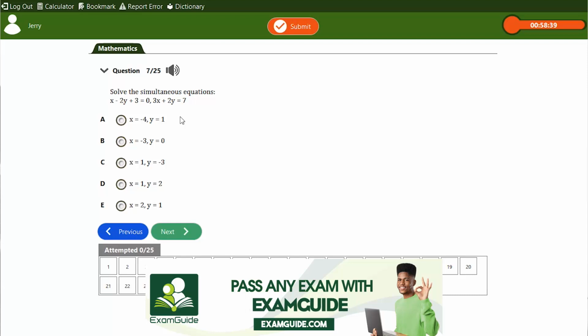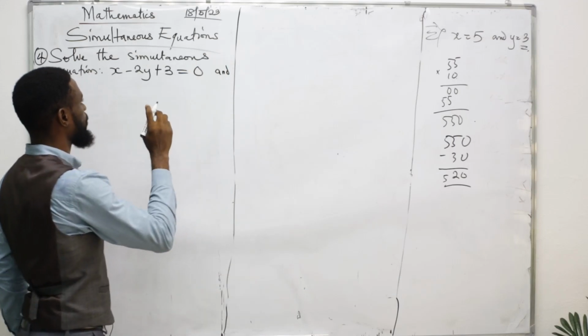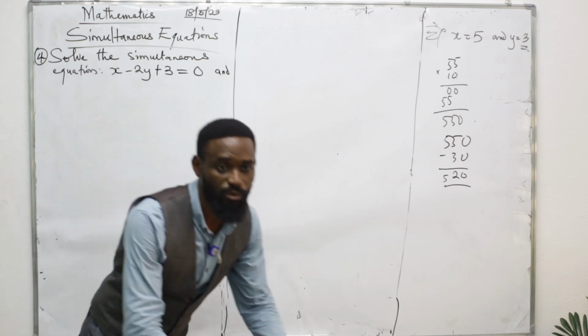So we'll use that. Okay, so we have solved the simultaneous equation. I think this is the fourth. Solve the simultaneous equation. Good. I like this particular problem because all the ones we have solved don't have 3 values in one of the equations. So let's see what this means.